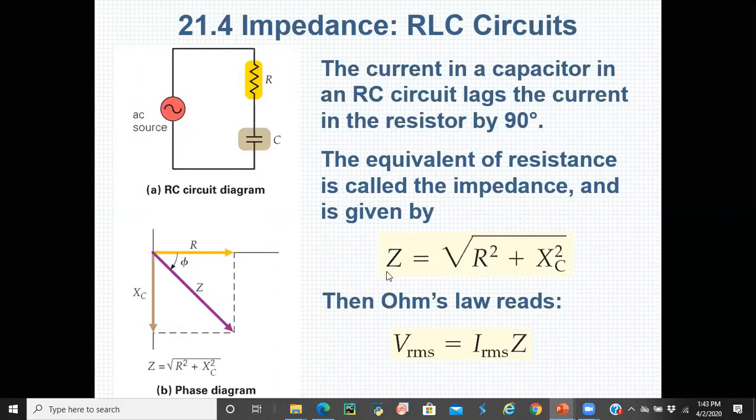It is denoted by Z and given by the square root of R square plus XC square. From Ohm's law, we can again write the voltage, which is equal to the root mean square current multiplied by impedance.